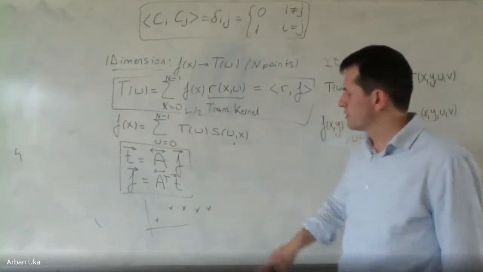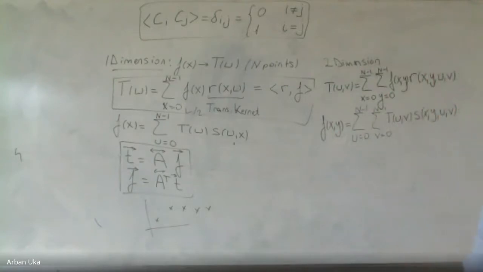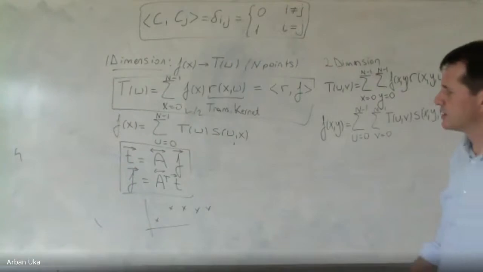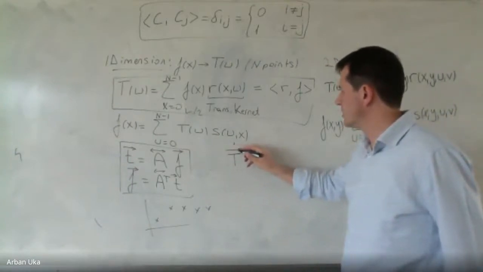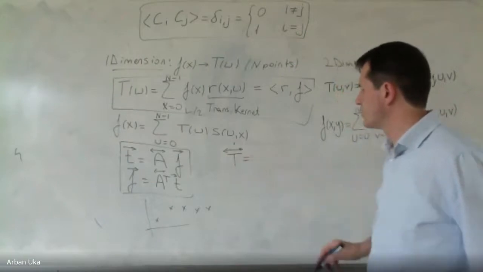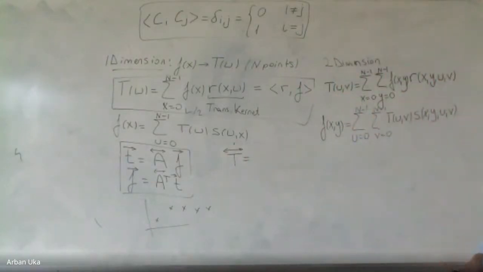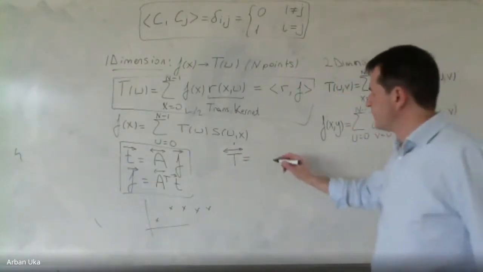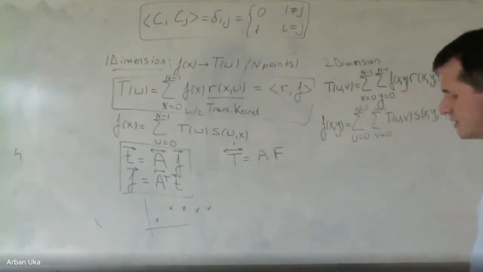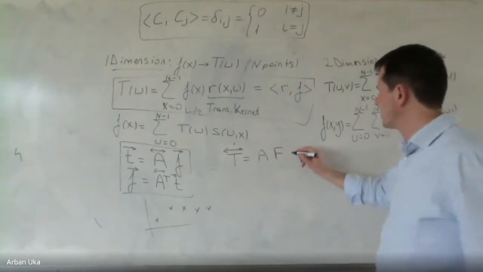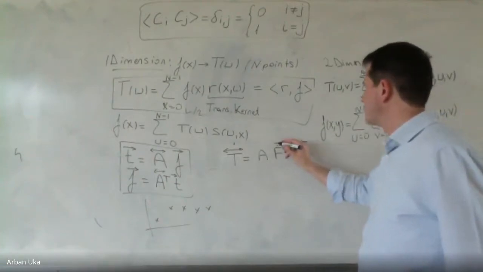Okay, so the situation will slightly change, and in this case the transformation can be written in a different way. We say that this transformation, which will also be a matrix, will be equal to A times F, where F is what it was before in one dimension, times A transpose.